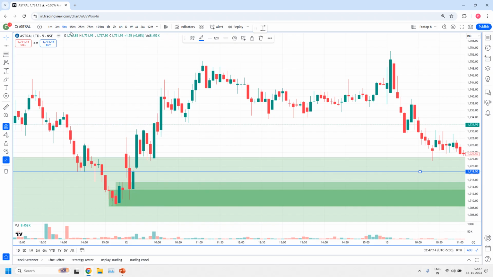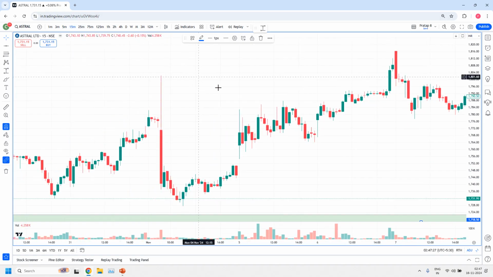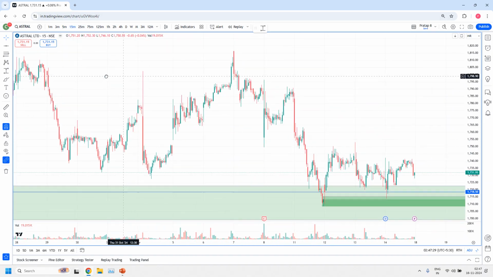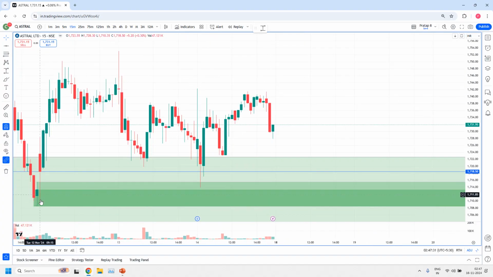Now let's go back to the 15 minutes once again. Now see the 15 minutes candle. Exactly at the blue color line where I have drawn, there you will be seeing the closing of the 15 minutes candle. See here, this is the candle.